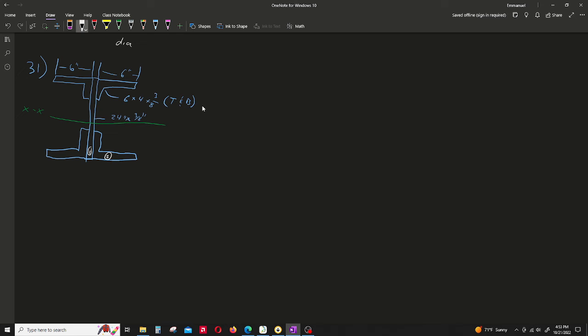This is gonna be 2. So for area, for the first one, it's just gonna be 24.375, which gives us a total of 9 inches squared. And A2 is just 3.61 inches squared.